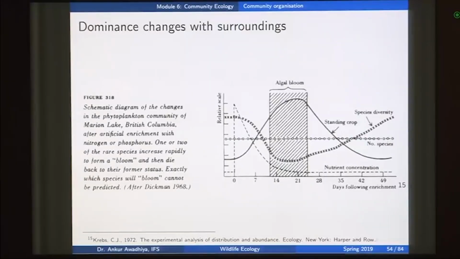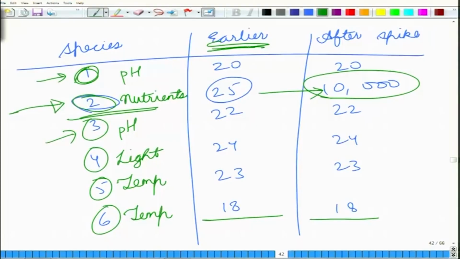Earlier, when you did not have this spike of nutrients, there was no species that was very dominant. If you had to find the community dominance index, the two most abundant species are these two. So this is 49 divided by 5, 6, 7, 8, 9, 10, 14, 22, and then 2, 4, 6, 8, 10, 12, 13.